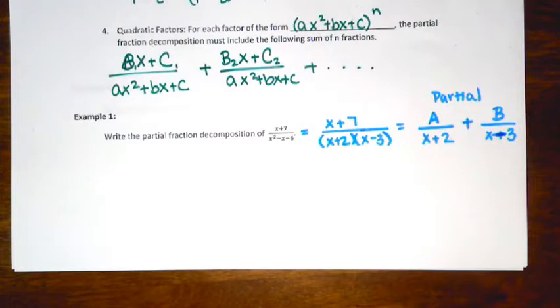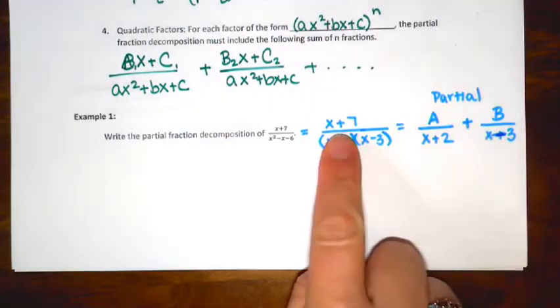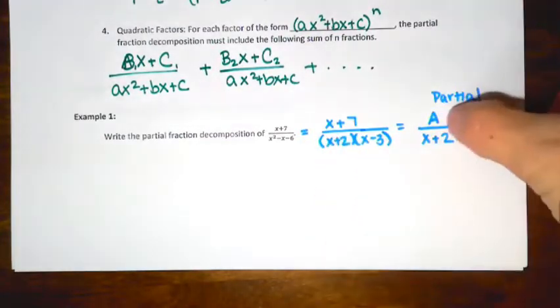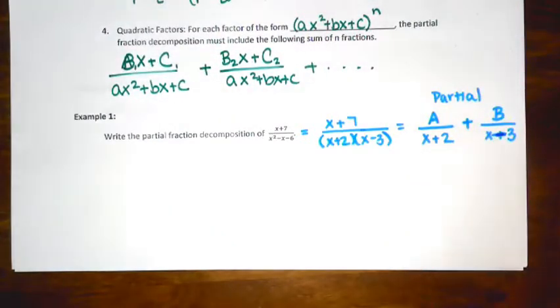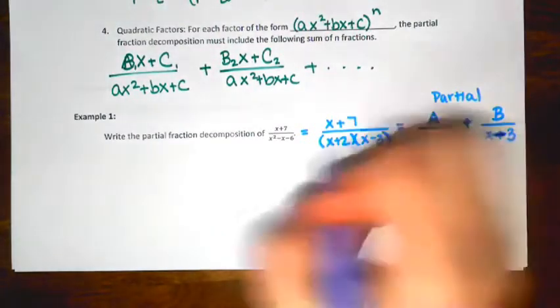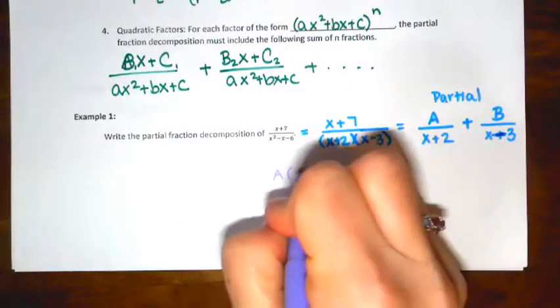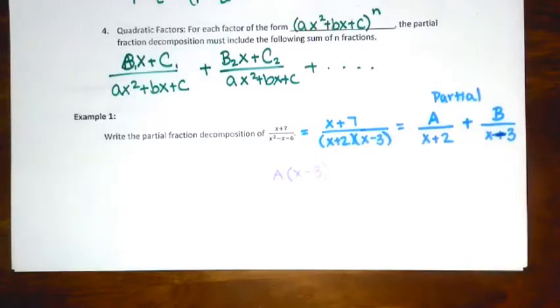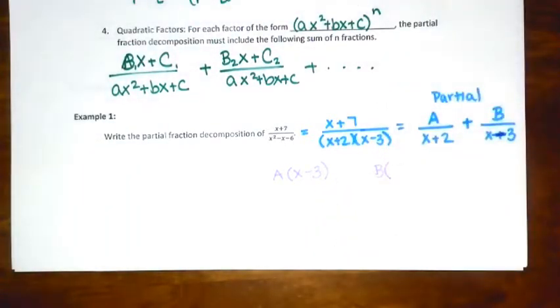Okay, now if I look at this problem, to get to the x plus 7, I would have to technically multiply a times what? x minus 3. So I have to take a times x minus 3. And I'd have to take b times what? x plus 2.